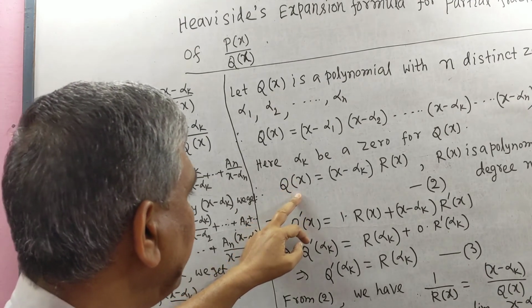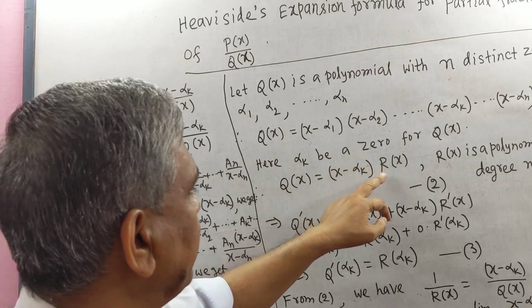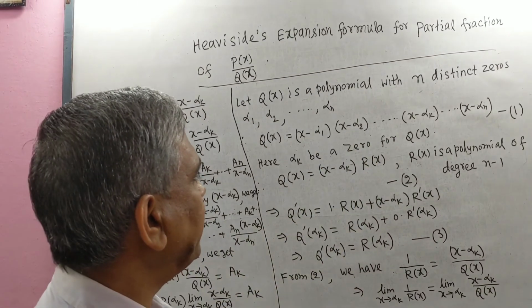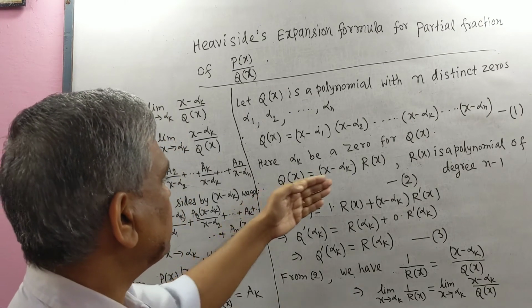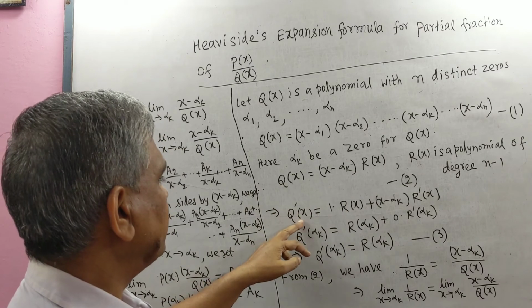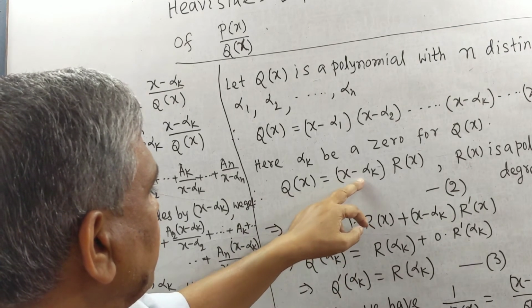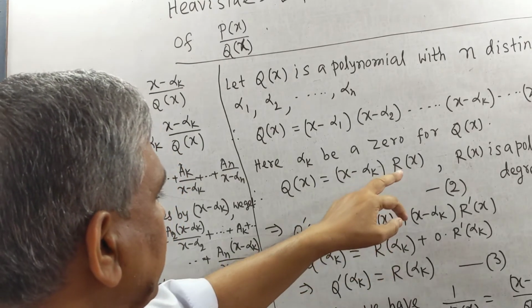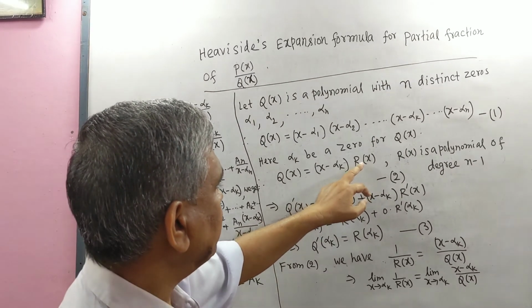So we may write qx equal to x minus alpha k multiplied by another function of x, Rx, which is a polynomial of degree n minus 1. Now differentiate both sides: Q dash x equals 1 times Rx plus x minus alpha k times R dash x.